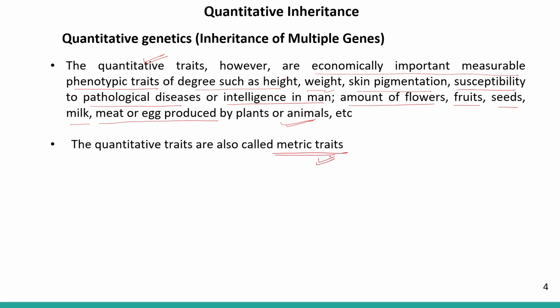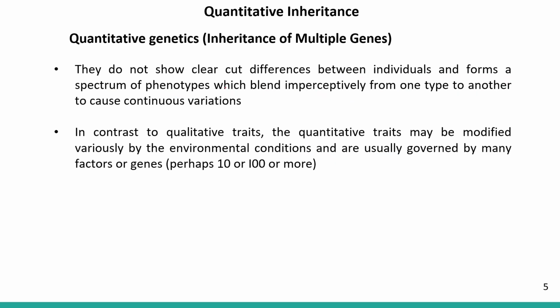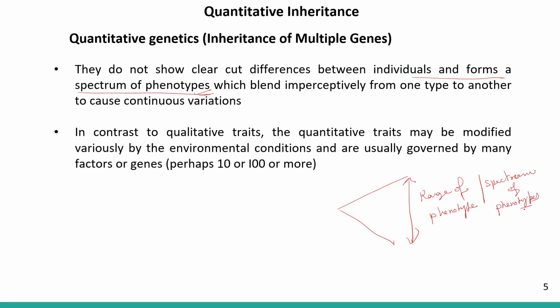What does this mean? They do not show clear-cut differences between individuals and form a spectrum of phenotypes. This means there will be a different range of individuals, a different range of phenotypes, and that is called a spectrum of phenotypes, right?